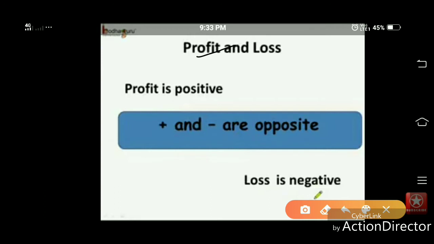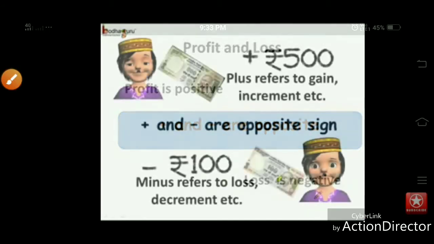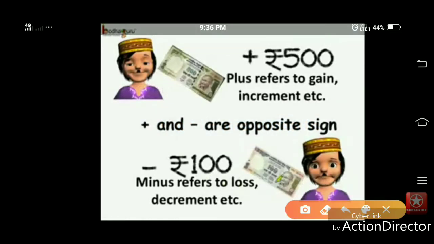Profit and loss. Profit is positive and loss is negative. Plus and minus are opposite. Profit and loss also show integers. Like a shopkeeper makes a profit of 500 rupees, so we denote it as plus 500 rupees.